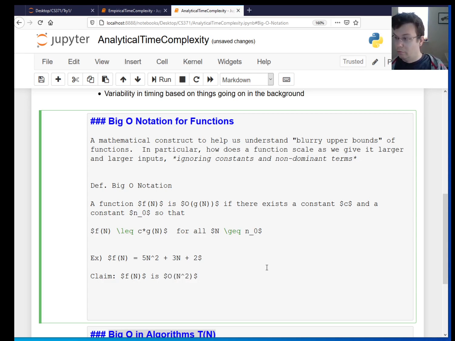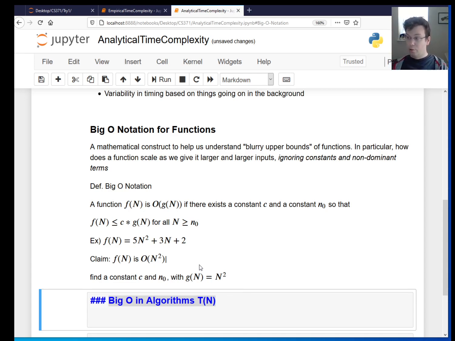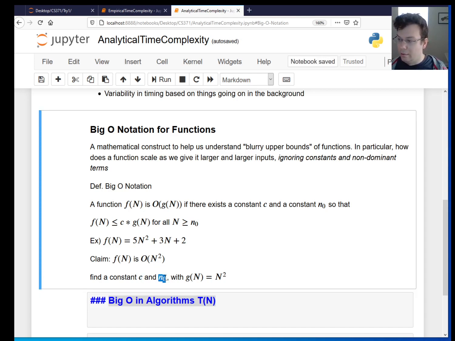My claim is that I can find a constant c and n0 satisfying this definition with g(n) equal n squared. This is my claim, and now the burden of proof is on me to find these constants so that I can satisfy the above definition.